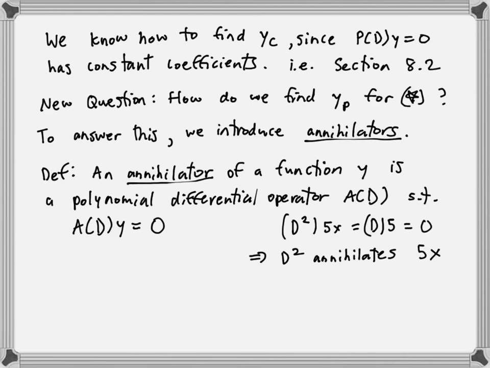But let's get a little bit more interesting in a way that it relates to some differential equations that we've already seen. Since we know that the differential equation (D minus 3)y equals 0, this guy from section 8.2, has solution y equals any constant times e to the 3x.